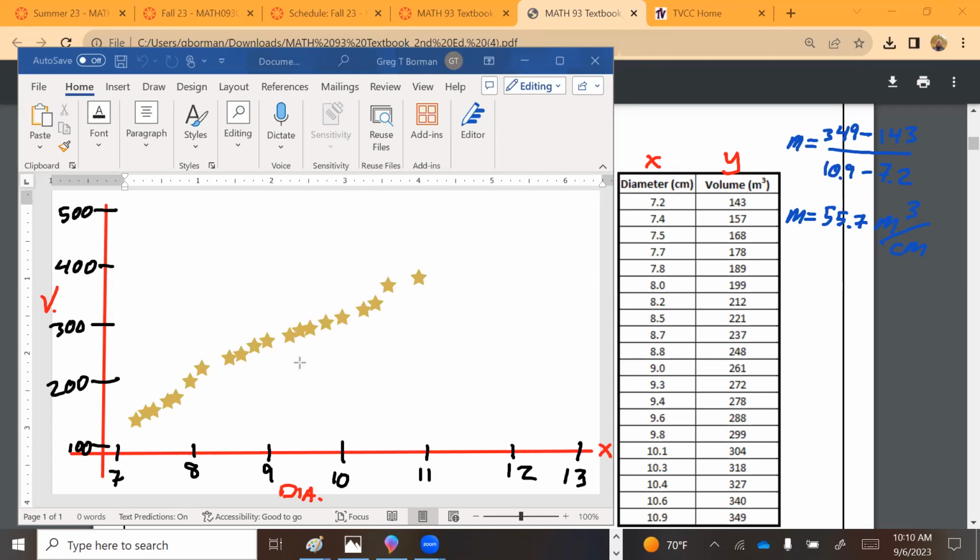There will be situations where you might not hit any of them, but you're just following the pattern. I think we can agree that does not follow the pattern of the points, nor does that. But something like about there follows the pattern of the points pretty good.